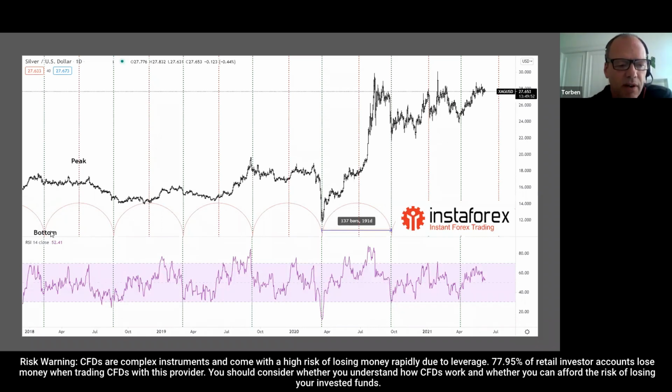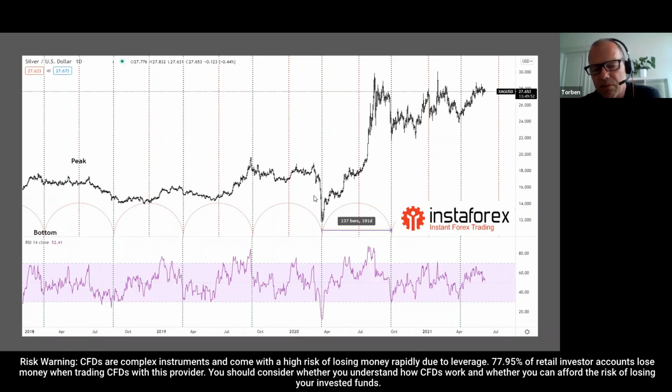So here I just said that every time you have the green line here, you have a bottom, and every time you have the red one, you should look for a peak, and the peak can, as I said, be to the left or it can be to the right. So when it's to the right, as it is here, you should expect a continuation of this normally.